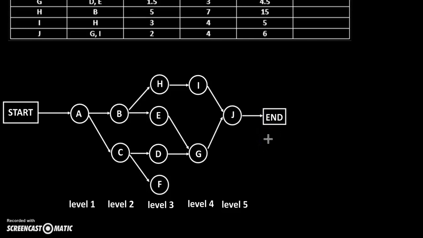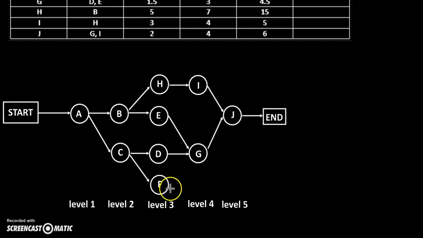The one thing we have to be careful about is J is not the only task at the end of the process. If we look down to activity F here, activity F does not have any arrow coming out of it. What that means is that activity F is the end of a production chain, or whatever it is that this task table represents.